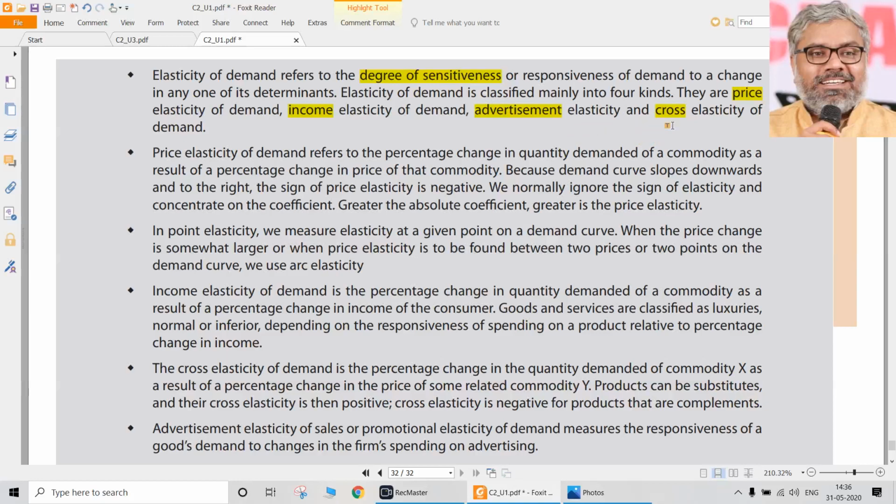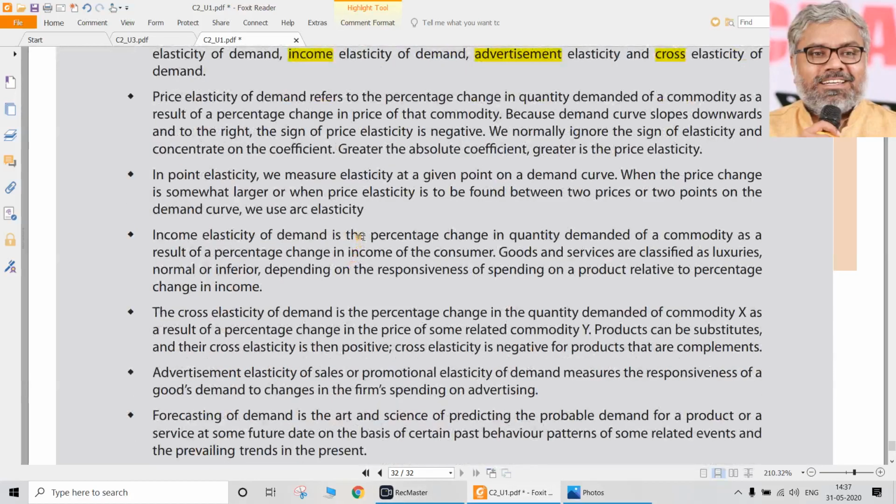Cross elasticity refers to the strength of the relationship between the prices of related commodities and the demand of the original commodity. In other words, how the price of a substitute impacts the demand of the original commodity is measured by cross elasticity, and the same can be applied to complementary commodities also.